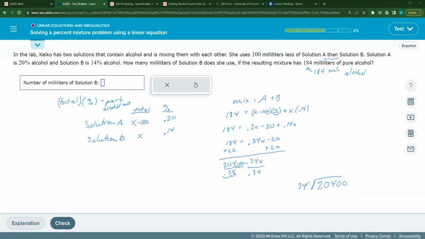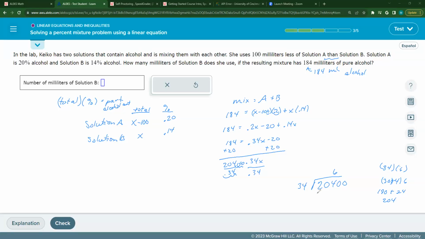I do get a calculator here, but I'm not going to use it. 30 goes into 200 less than 7 times, so we're going to try 6. Okay, 6 times 34, so 34 times 6 is the same thing as 30 times 6 plus 4 times 6, which is 180 plus 24, which is 204.